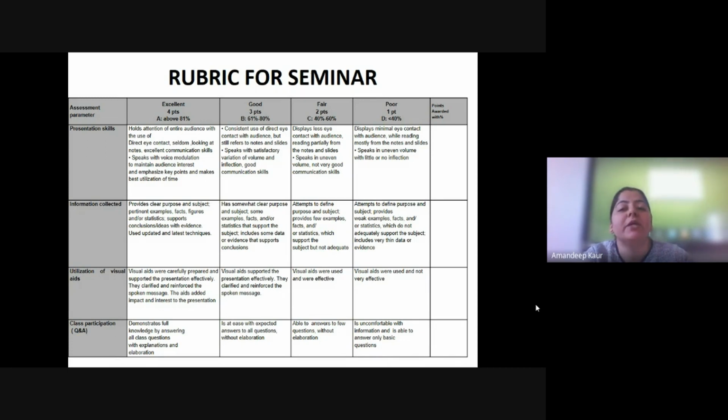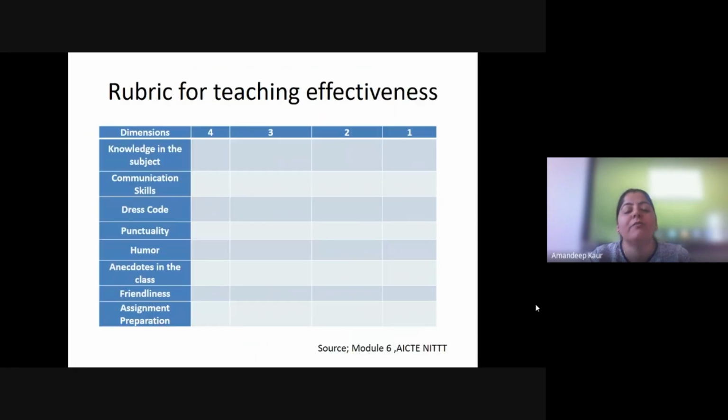A poor category student displays minimal eye contact with the audience while reading mostly from the notes and slides, speaks in uneven volume with little or no inflection. A fair category student will display less eye contact, reading partially from notes and slides, which is an observable behavior the faculty can easily observe, speaks in uneven volume, and is not very good in terms of communication skill. This is how we provide descriptions for the different dimensions.